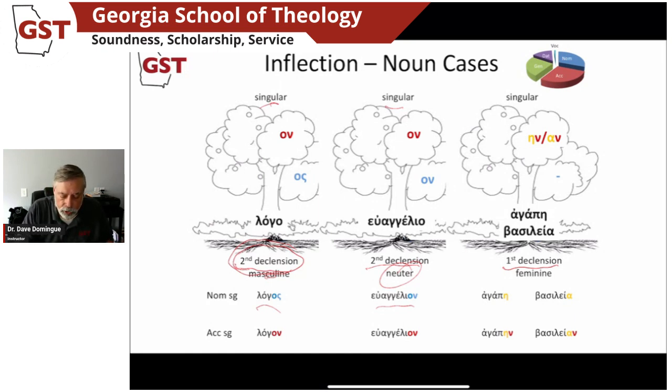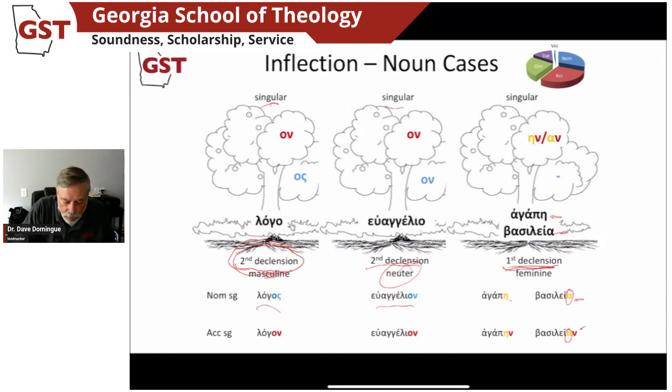Now, in the first declension, feminine words, again, there actually is no case ending for the nominative. There really is no case ending there. Instead, you have only the stem ending or the connecting vowel. And here you have the stem ending with a case suffix that's added to it, all right?